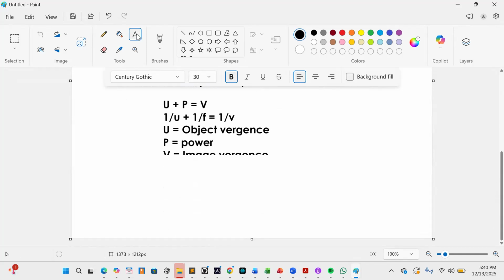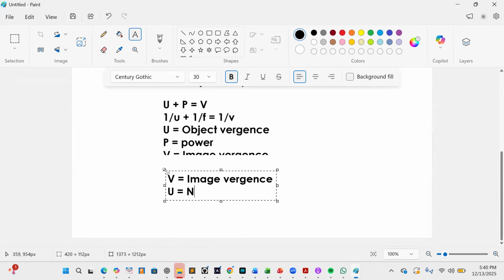So again, let me just write it here. V is equal to the image vergence. You should know that if the object is located to the left of the lens, most of the time you use negative.